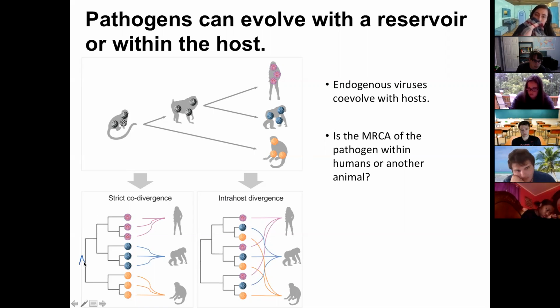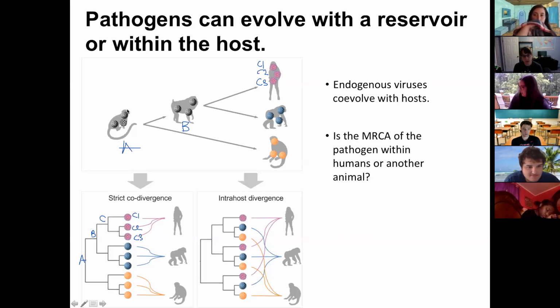That's an A if you can't read it. So what this means is this would be the ancestor, a hypothetical primate of some sort that carried 3 viruses.